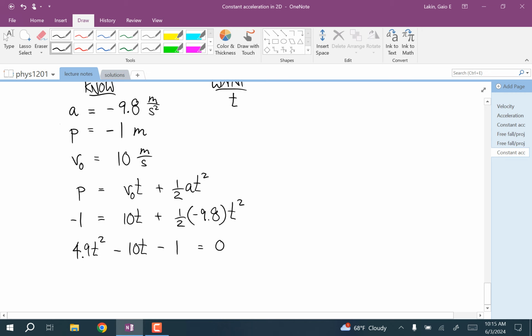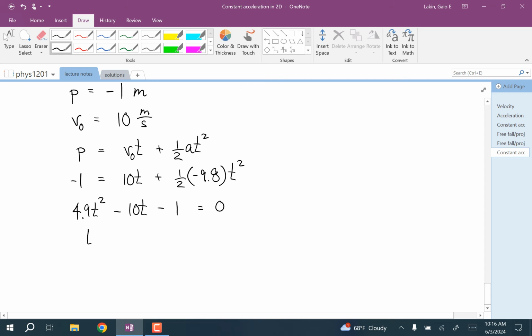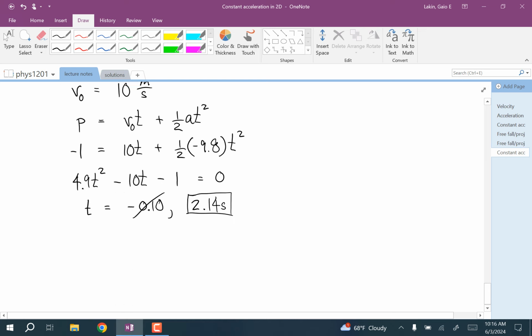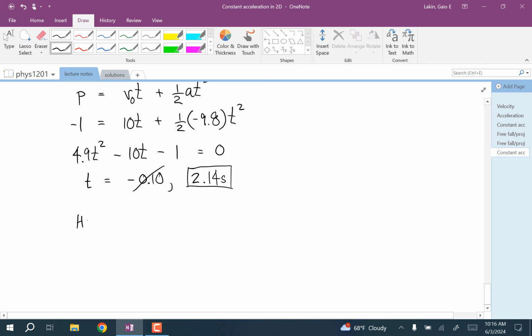This is a quadratic equation, so we can use the quadratic formula to find the t values. t is equal to either negative 0.10, which we know is not the one because we don't use negative times, or 2.14 seconds. And that's the one that we want. Now that we've found that, we'll use the horizontal equation.